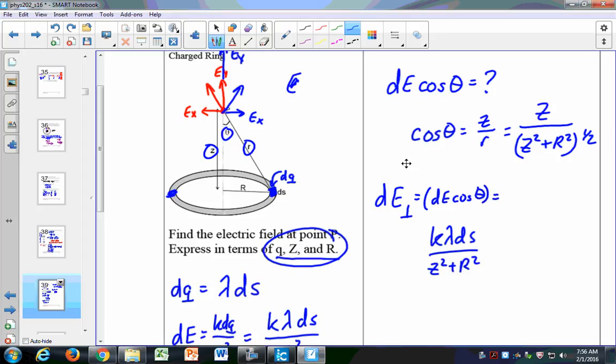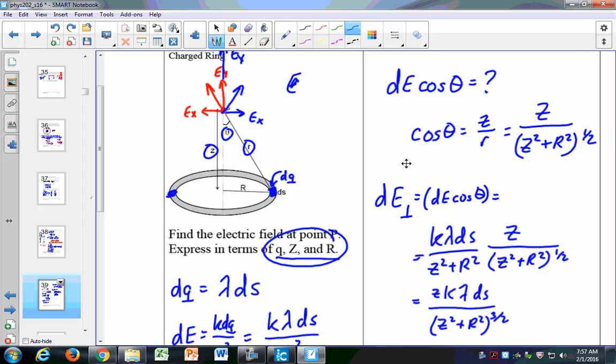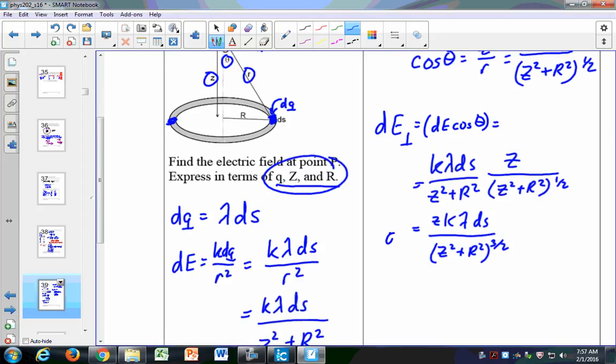That's our dE times the cosine of theta, which is z over (z squared plus r squared) to the 1/2. I can rewrite this as k lambda ds z over (z squared plus r squared) to the 3/2. And this is dE.